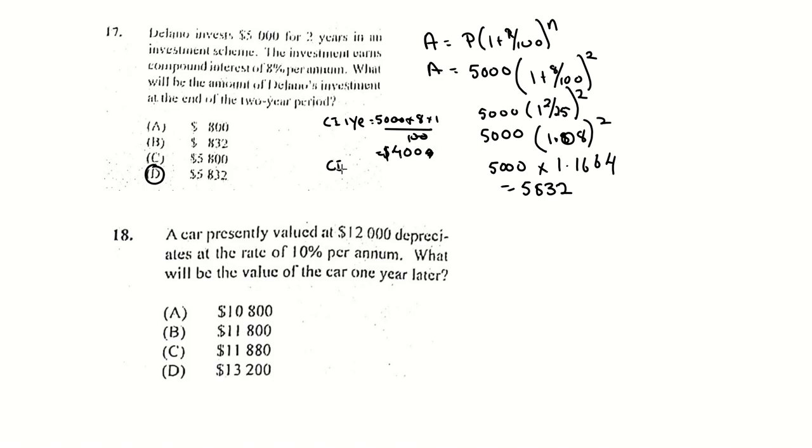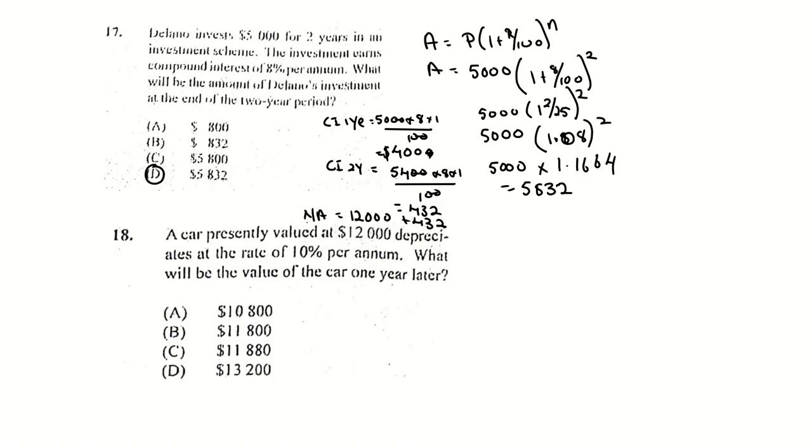Your interest for the second year is on your new total, 5,400 multiplied by 8 multiplied by 1 all over 100, this is 54 by 8. 54 by 8 is 432.